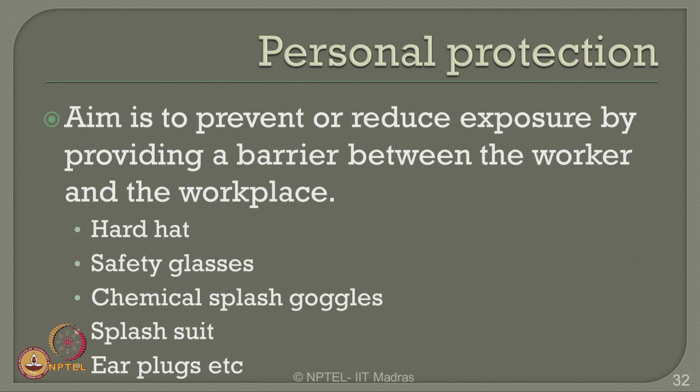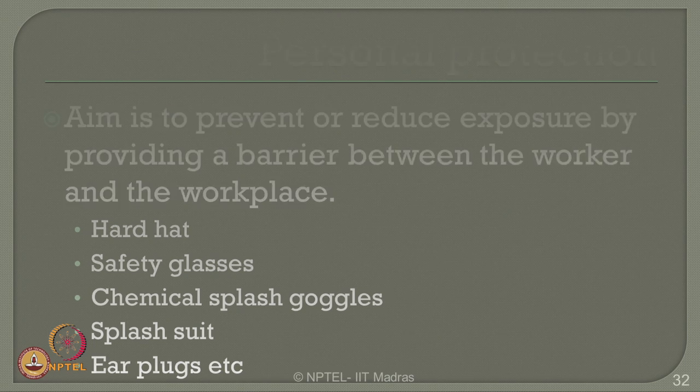When you talk about personal protection, the aim is to prevent or reduce exposure by providing a barrier between the worker and the workplace. You can provide hard hats or helmets, safety glasses, chemical splash goggles, splash suits, earplugs, etc., which can act as a physical barrier which can protect the worker from noise and other physical hazards in the given workspace.